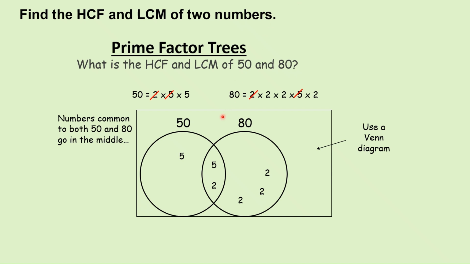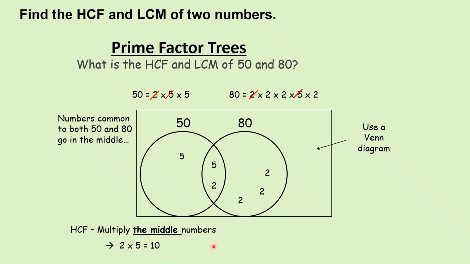To find the highest common factor, multiply the factors in the middle. Therefore, the highest common factor will be 5 multiplied by 2, which is 10.